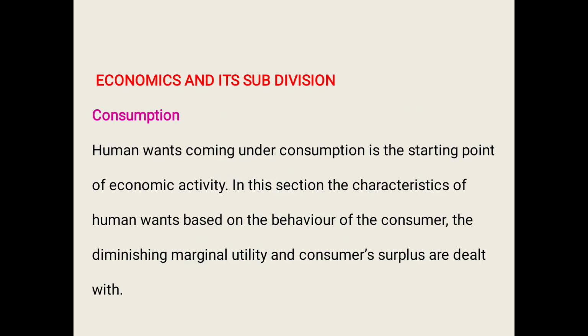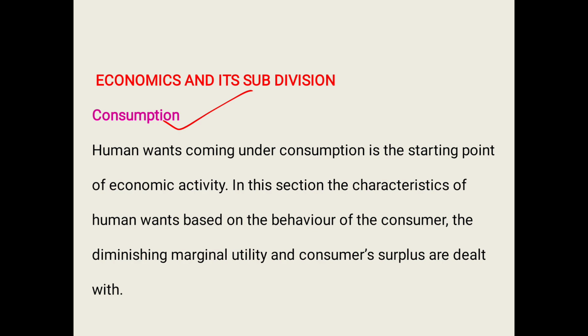Now, economics and its subdivisions. The first one is consumption. What do you mean by consumption? Man has different types of wants. When we start with the wants, they pour out from the human.